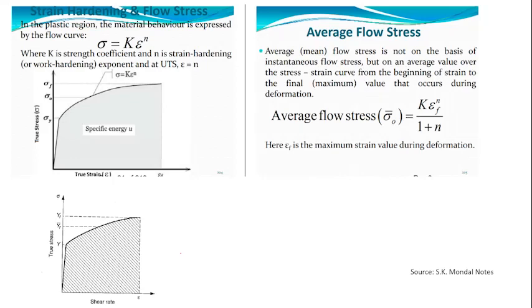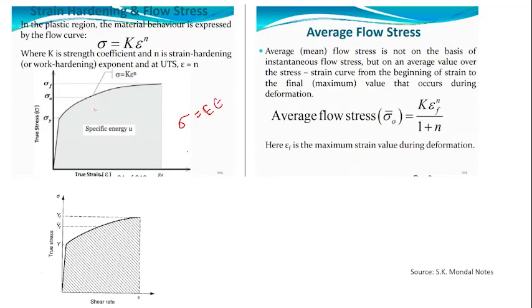Then strain hardening and flow stress. Strain hardening we already discussed. So what is the flow stress? Till your elastic limit only, this formula is the relationship between stress and strain.